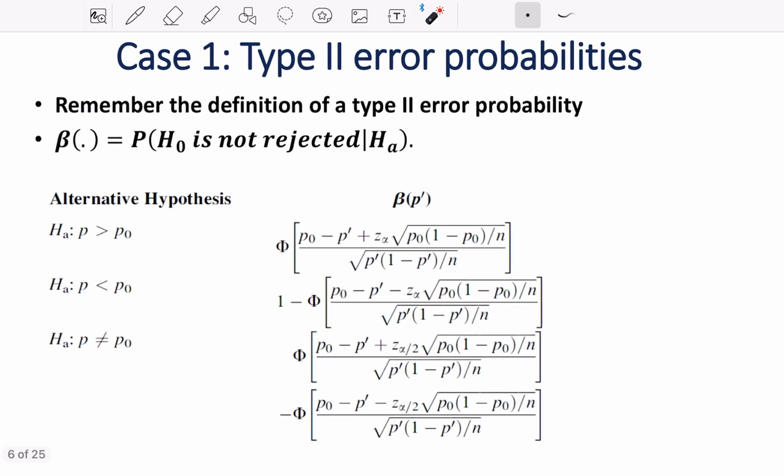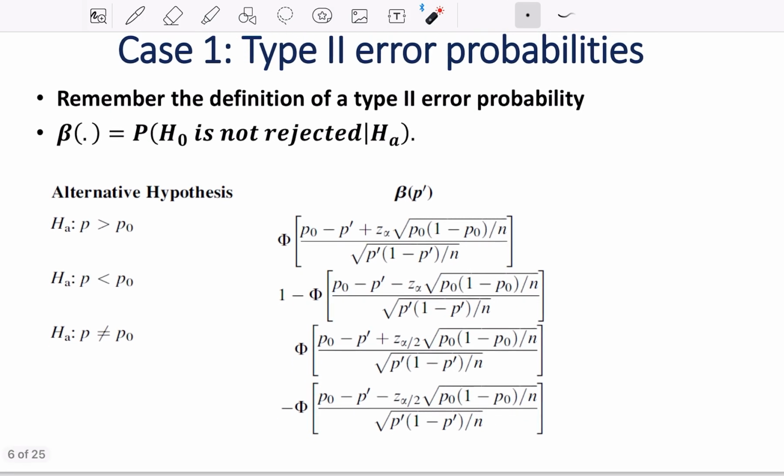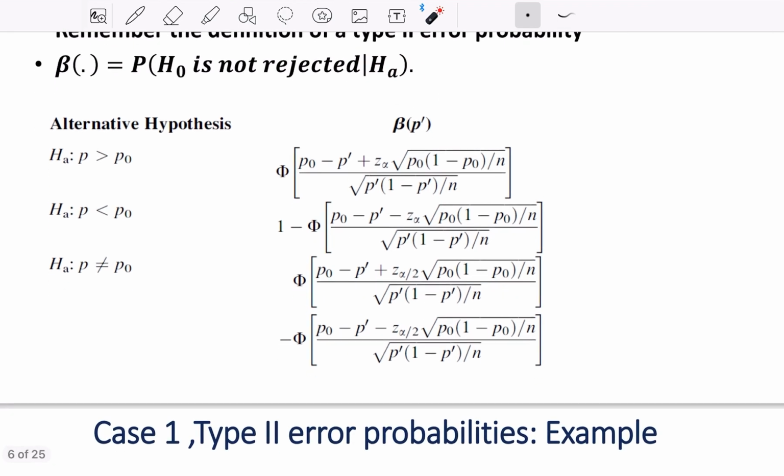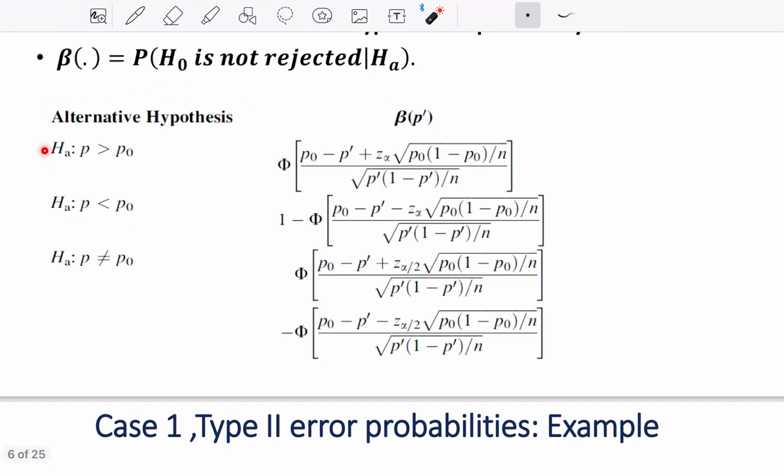Okay, so now let's move into the calculation of the type 2 error probabilities. And remember that the probability of a type 2 error occurring is the probability of H0 not being rejected, given that it's actually not true. So that means you are favoring the alternative, right? And they gave you the different type 2 error probabilities in your book for different scenarios, right?